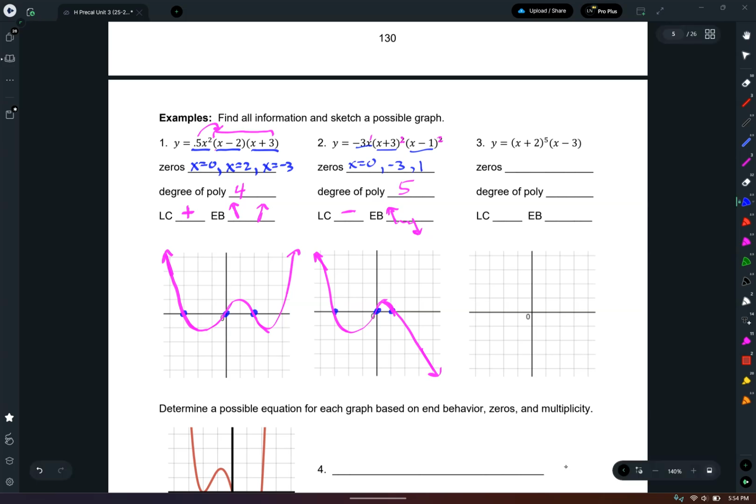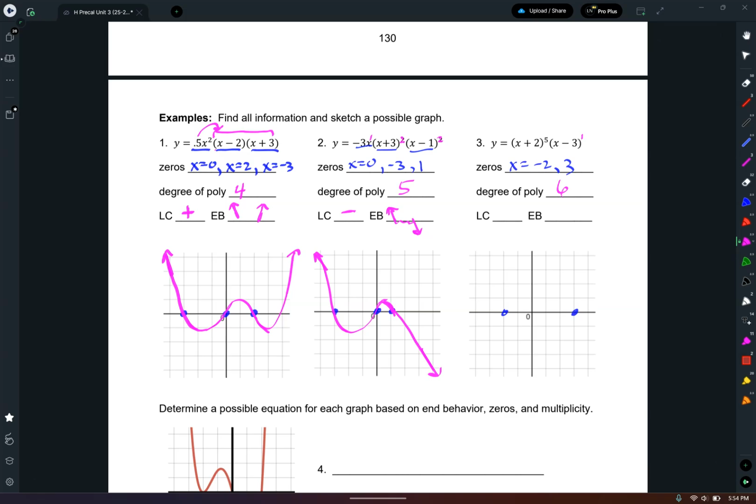All right, so number 3, it's already in factored form. In this case, I only have 2 factors. So my zeros are going to be -2 and 3. So if I were to multiply this out, I would have an x to the 5th and an x to the 1st.